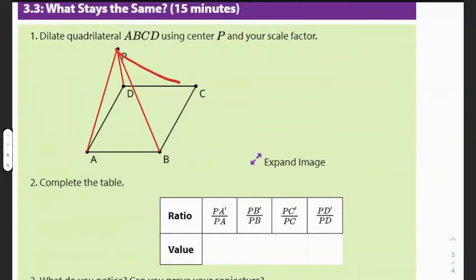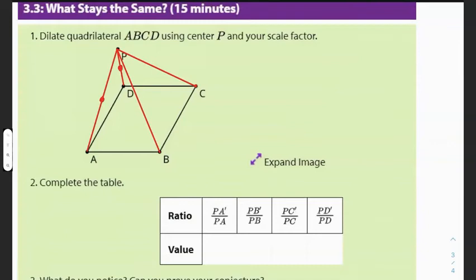So as you can see, I'm just taking into consideration my point of projection, or my center of dilation, which is point P. There we go. And halving that. That looks about half.